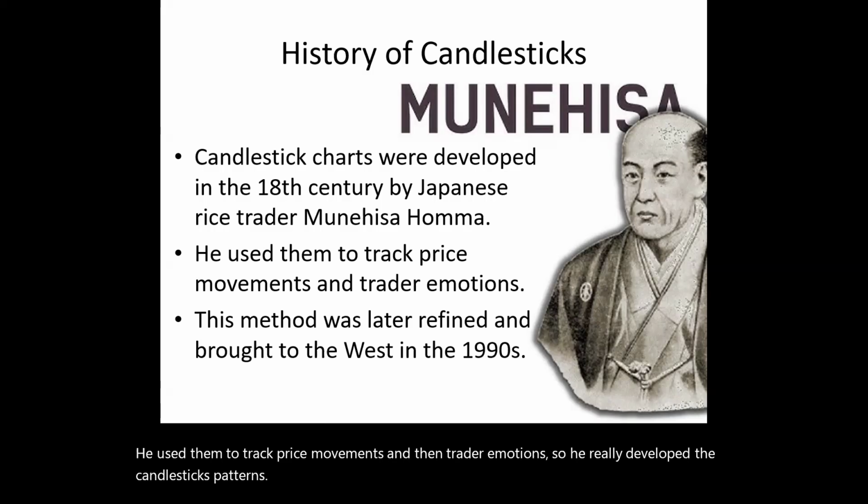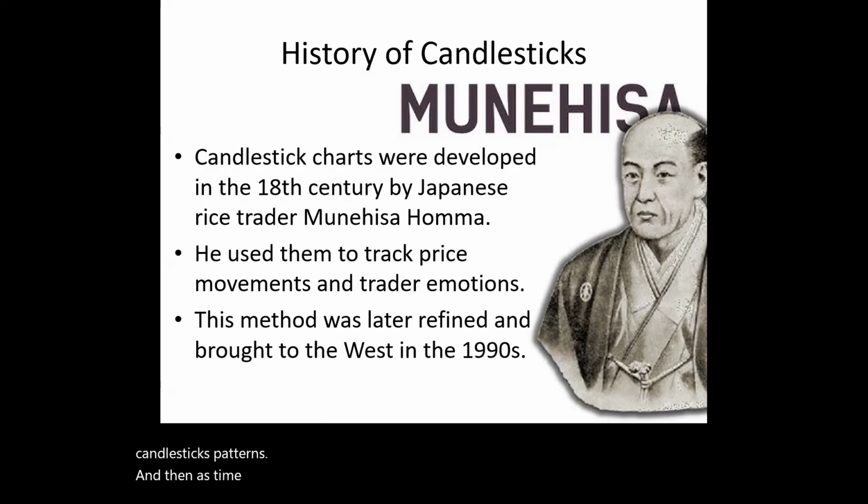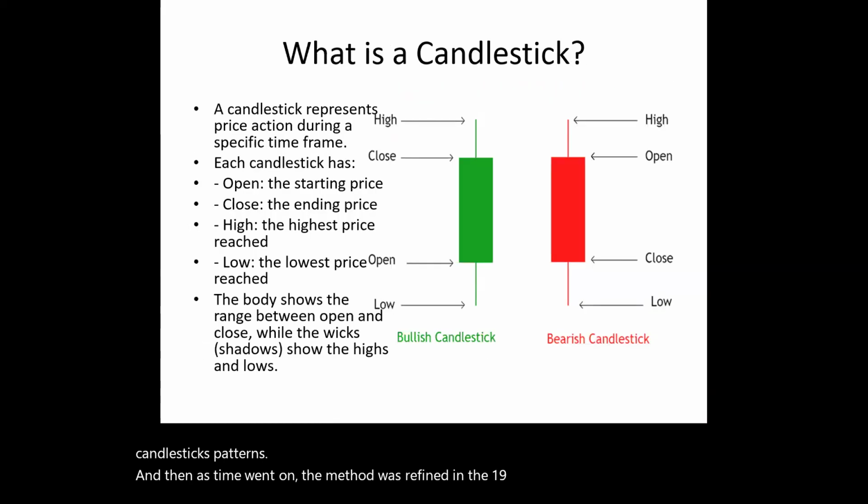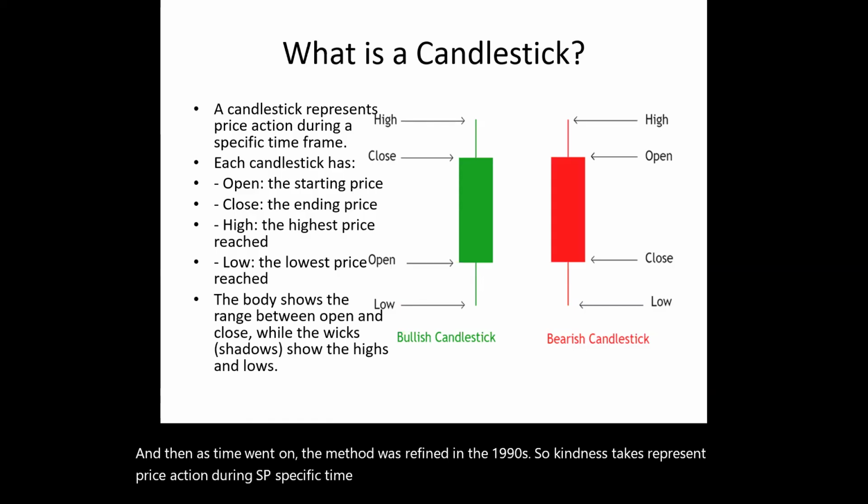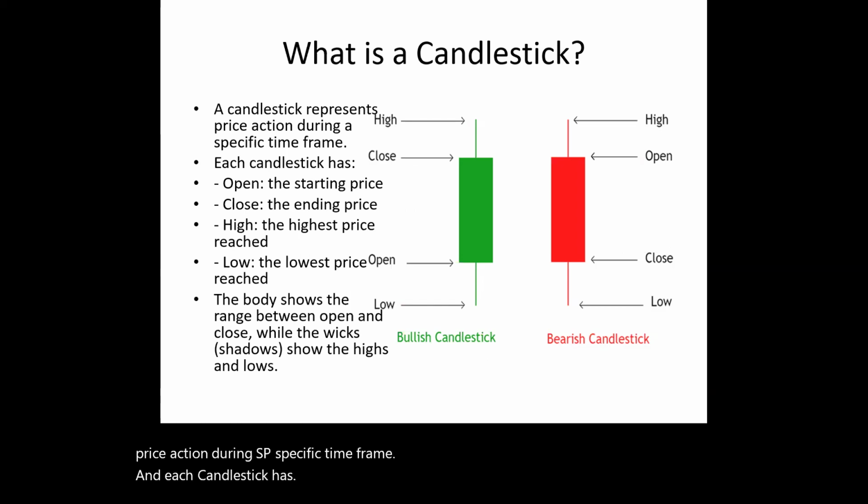And then as time went on, the method was refined in the 1990s. Candlesticks represent price action during a specific time frame, and each candlestick has an open, a close, a high, and a low. And it has a body.